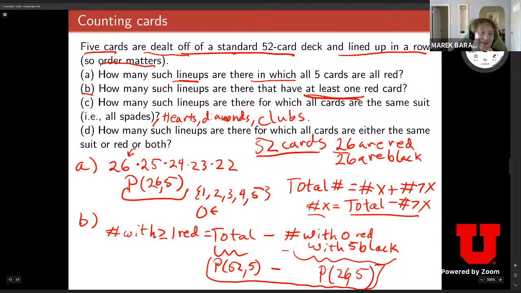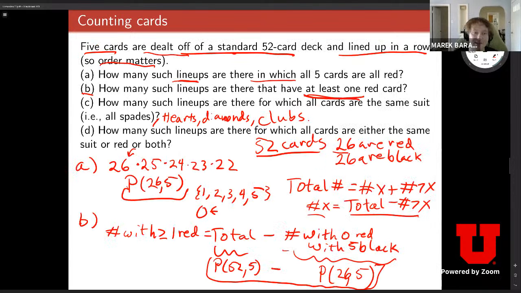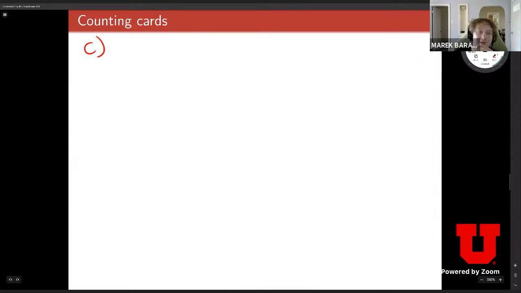So our next one, we'll do this one here. How many such lineups are there for all cards that have the same suit? So we have 52 cards, 4 suits, 13 cards of each suit.